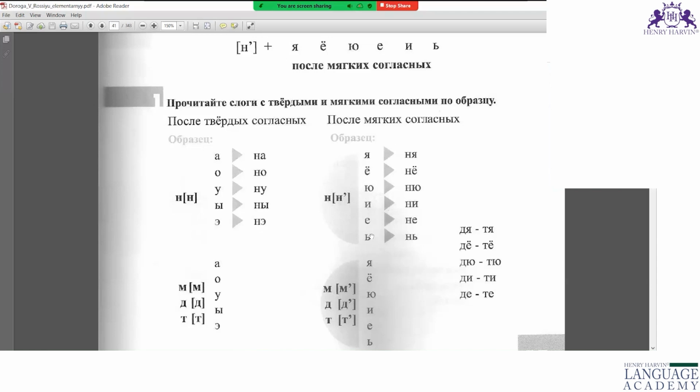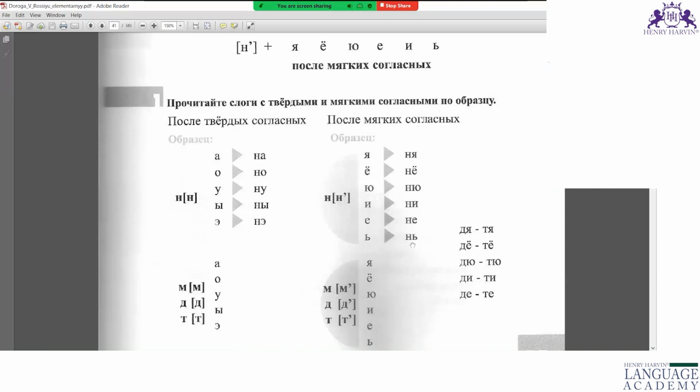Now these vowels here are soft vowels, plus a soft sign, which is not a vowel. Ya, yo, yu, i, ye. Again, letter N plus ya. I say the vowel and you make the nya: nya, nyo, nyu, ni, nye.